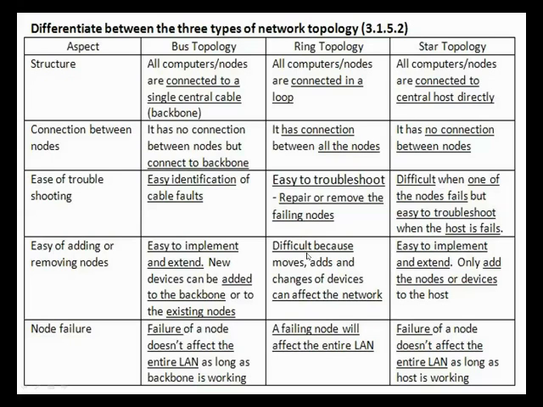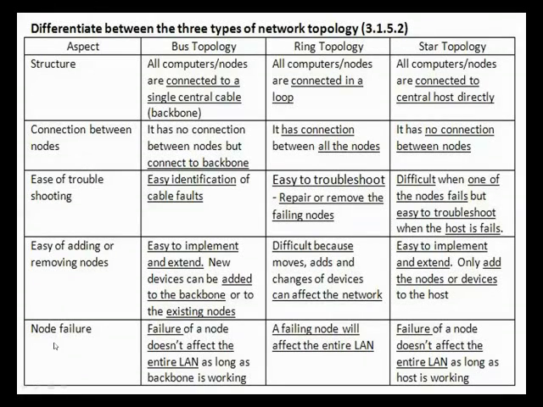Ring topology is difficult, because moves, adds, and changes of the devices can affect the network. And star topology is easy to implement and extend, only add the nodes or devices to the host.